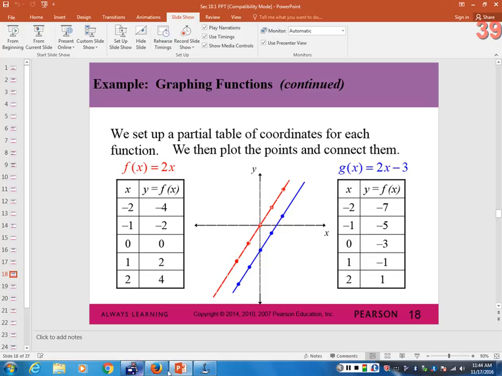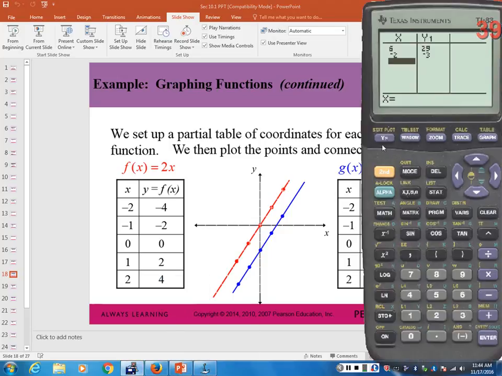You could also have used your calculator here. You simply go to your y equals menu, put in your first function, 2x, put in your second function, 2x minus 3, and you could build your ordered pairs by going second graph and entering the x values.